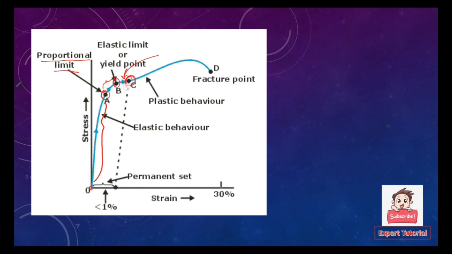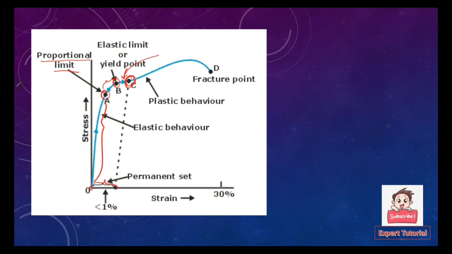So at this point C, if we remove the deforming forces, there is a permanently increased length after removal of the external force or the deforming force. So this is the permanent increase in the length.